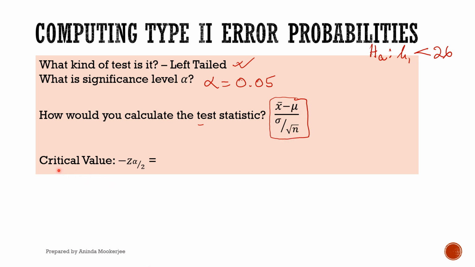Now, we also have to figure out what the critical value was. All right, so if we were to perform a hypothesis test, this is how a diagram would have looked. The null hypothesis was claiming that the mileage is equal to 26, so 26 would be placed at the center.